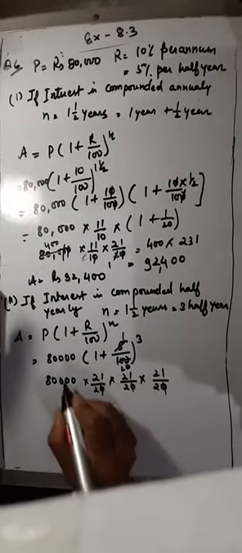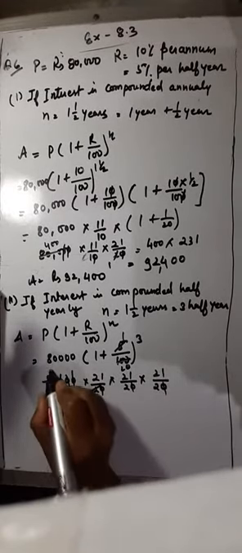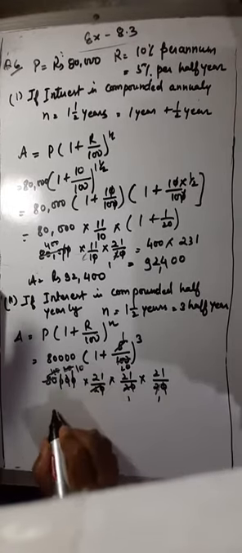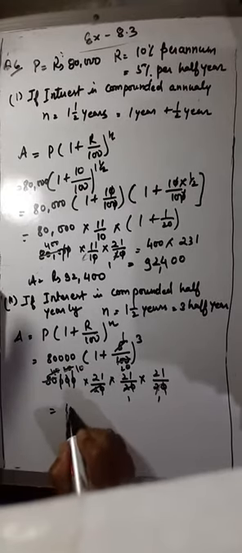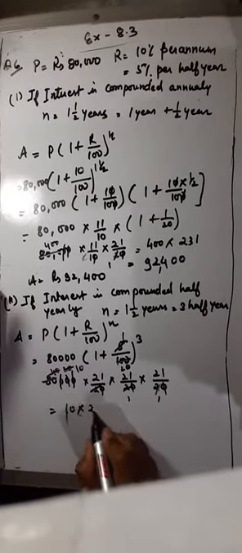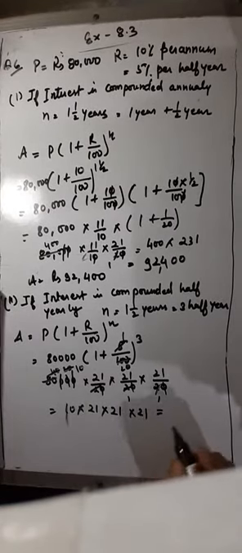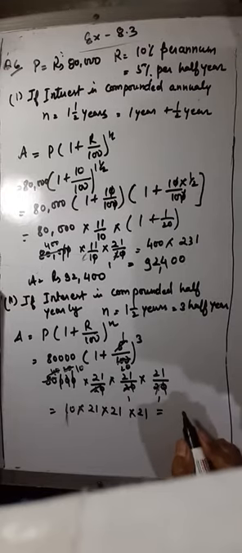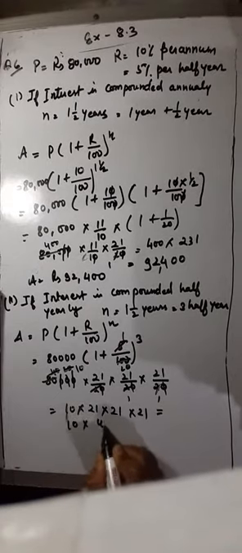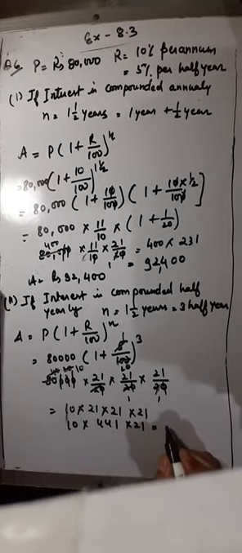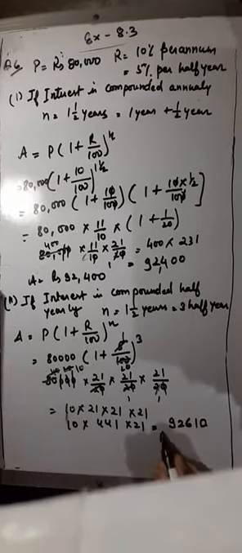We cancel 3 zeros. 21 into 21 into 21, we get 10 into 441 into 21, 92,610 rupees.